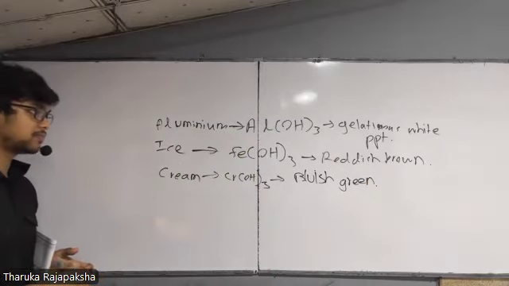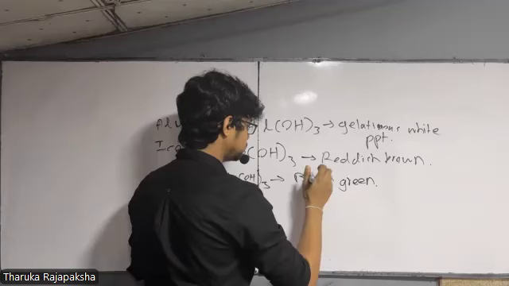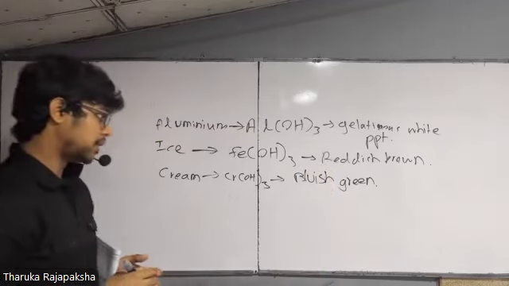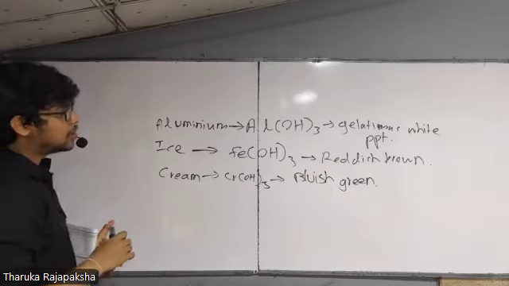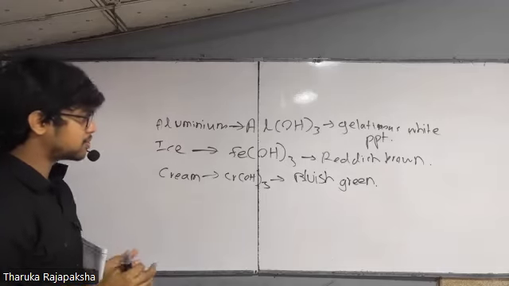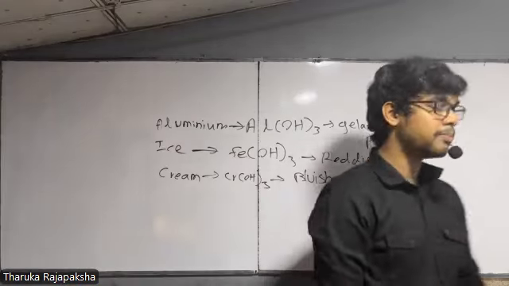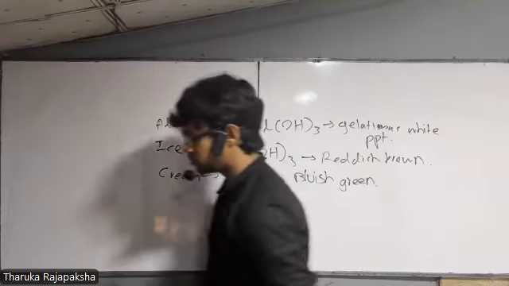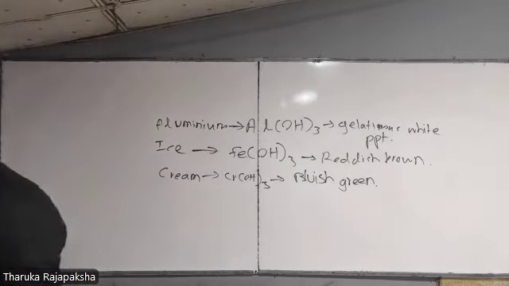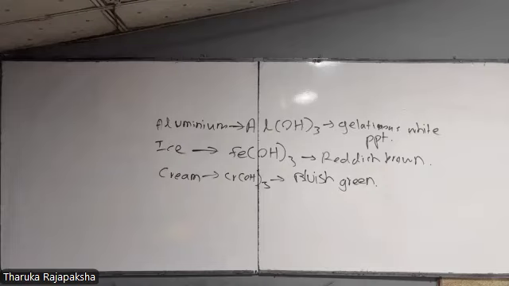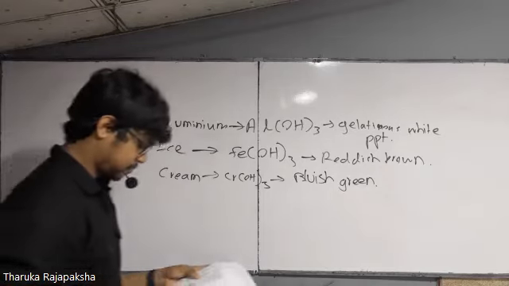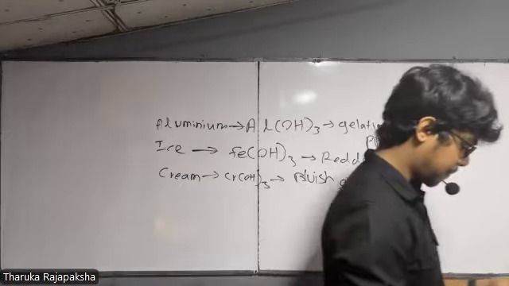So aluminium hydroxide, ferric hydroxide, and chromium hydroxide. There you go. Write this down under group number 3.